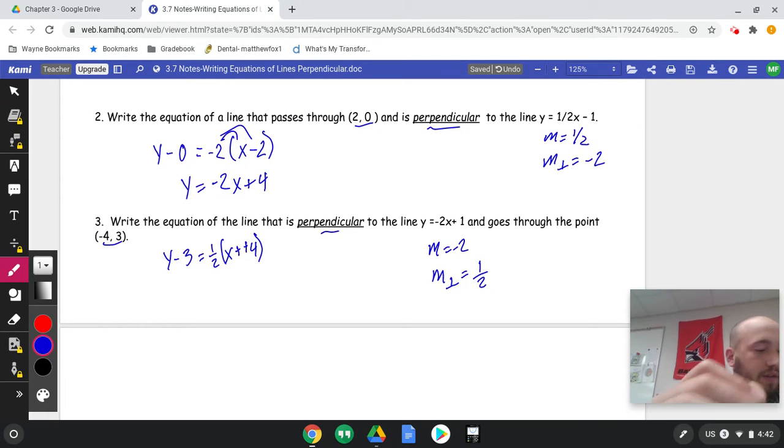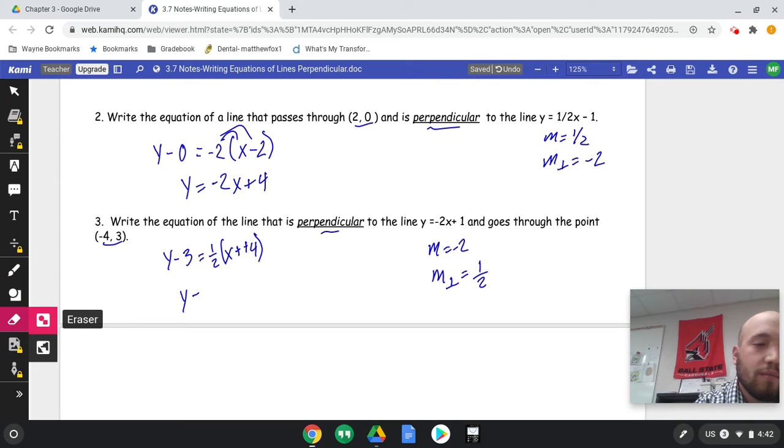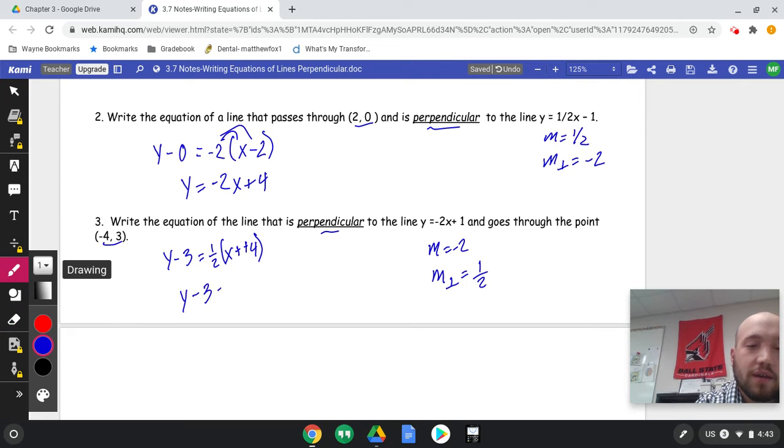So we do plus, plus, and from here we can distribute that in, and we're going to get y minus 3 equals 1/2 x plus 2, because half of 4 is 2. Add the 3 over, and we'll get y equals half x plus 5.